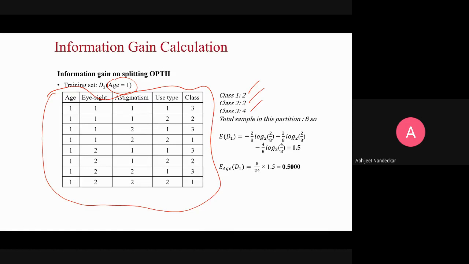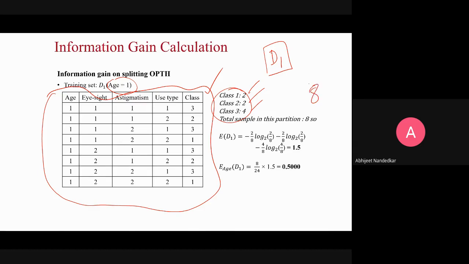So when you take the first portion of your data set, that is based on age equal to 1, D1, you get a split like this, and in that split you have a mixture of three classes, class 1, class 2, class 3, with 2, 2, 4 samples. So 4 plus 2, 6 plus 2, 8. So in total we have 8 samples.